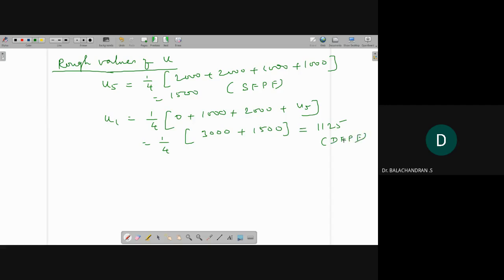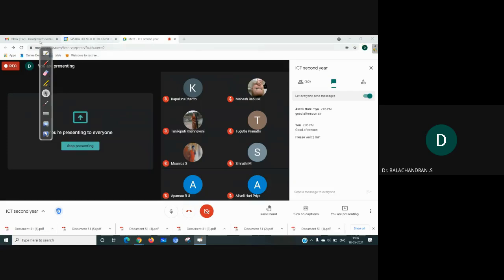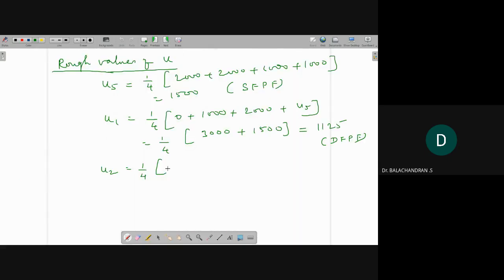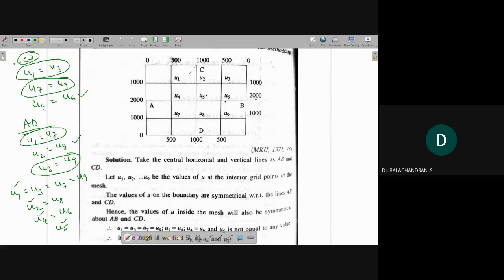And then for U2, what is U2? U2 equal to 1 by 4 of U1 plus 1,000 plus U3 plus U5. But we know that U1 equal to U3.